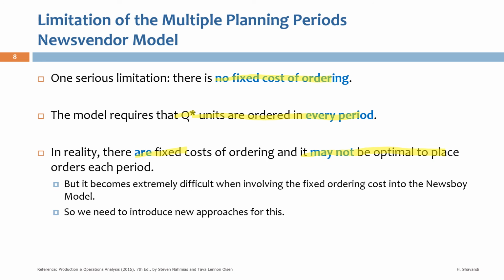So because of these situations, we have limitations, and maybe this model is not a good model to apply in the real world. So in that case, we need different approaches for formulation and modeling of the inventory model, and we will see those new approaches in the next section next week.